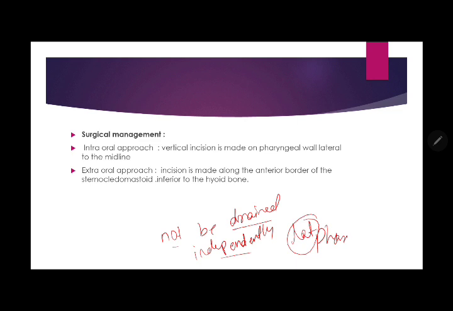In conditions where independent drainage is necessary, an intraoral approach is used, wherein a vertical incision is made on the pharyngeal wall lateral to the midline using a hemostat, and the abscess cavity is opened by blunt dissection while the patient is in Trendelenburg position.